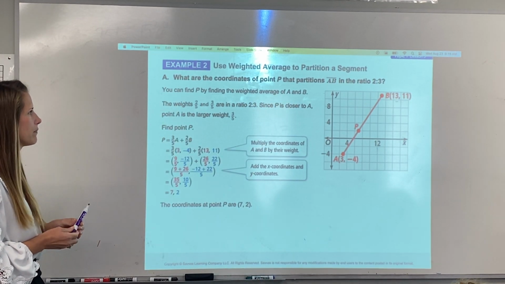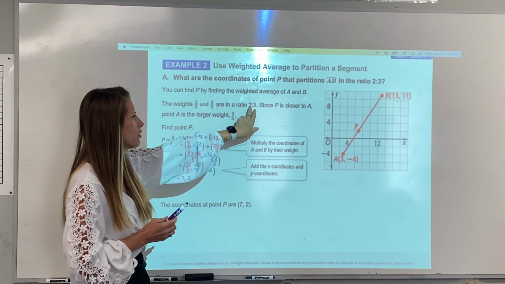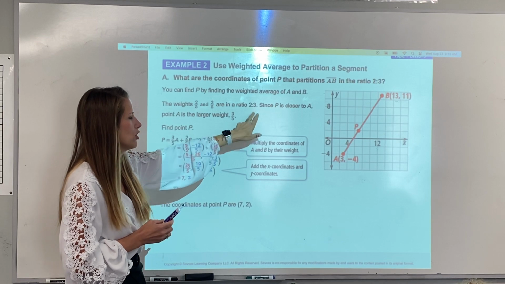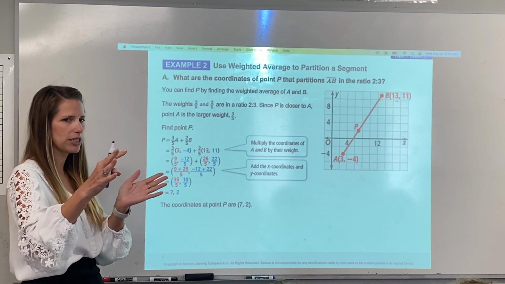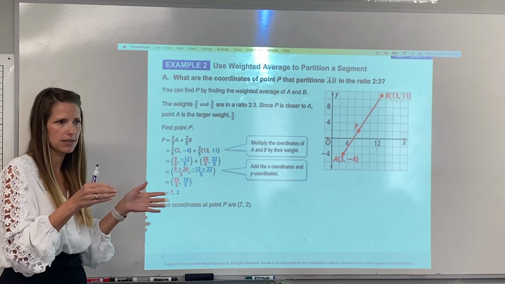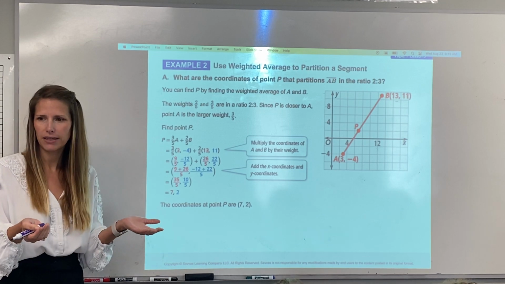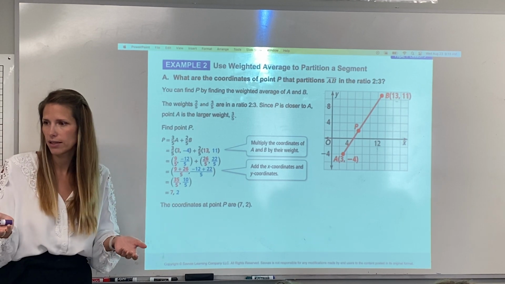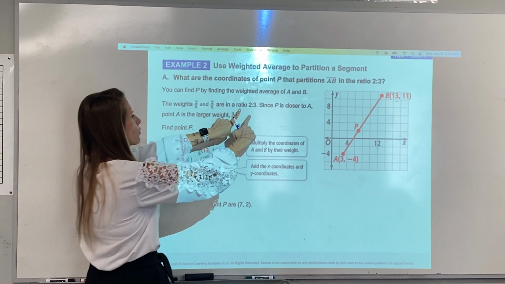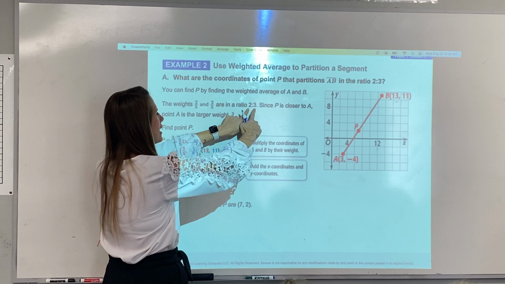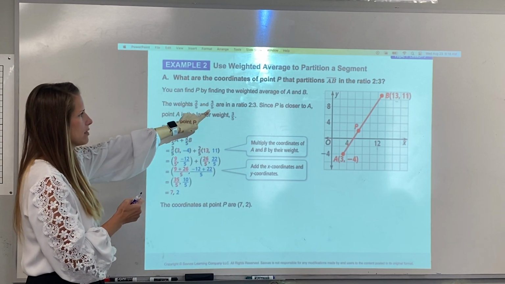Let's see how. The ratio is 2 to 3. So one part is 2, the other part is 3, if you're comparing the distances, right? That means that it's out of how many? If one part is 2 and one part is 3, the total is 5, right? So we can break our ratio up into 2/5 and 3/5.